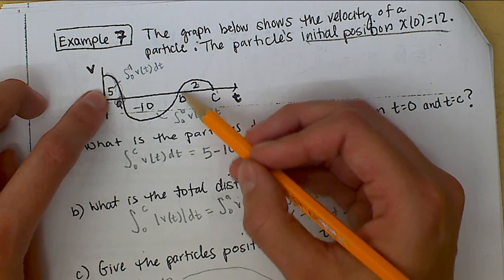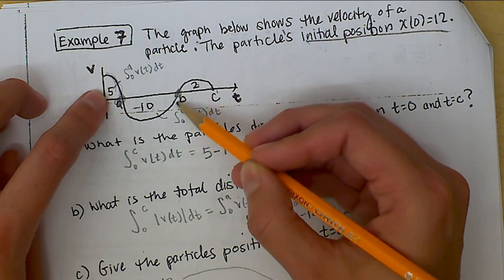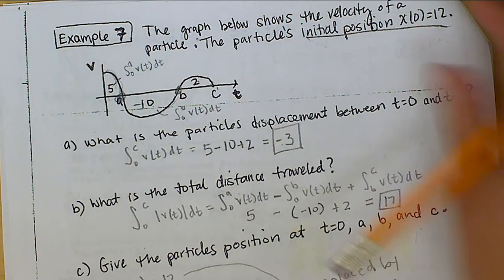And then B is definitely going to be a minimum because it changes from negative to positive.